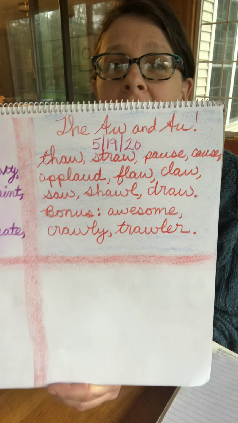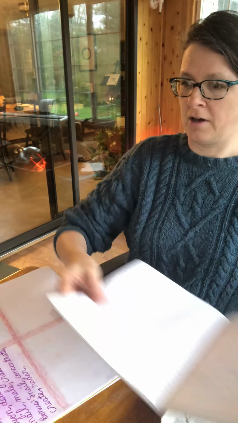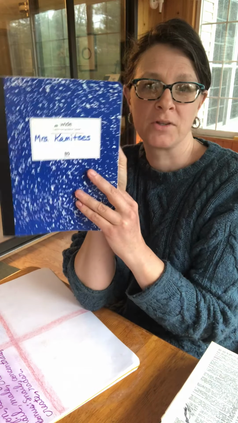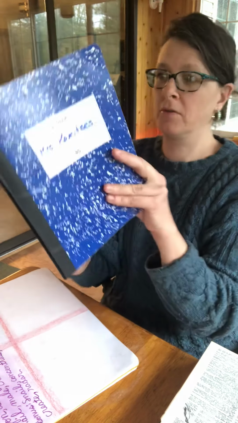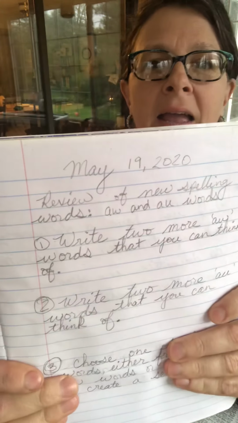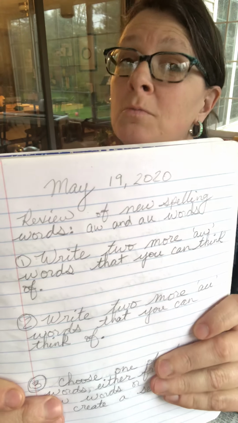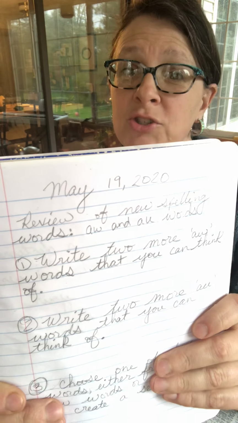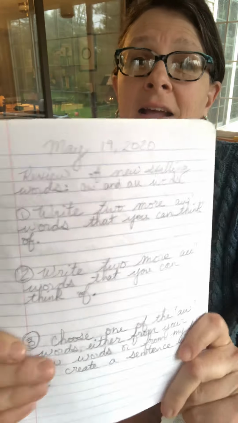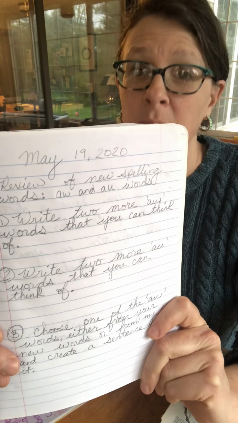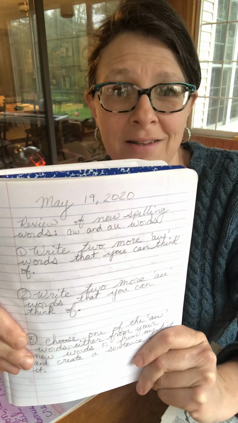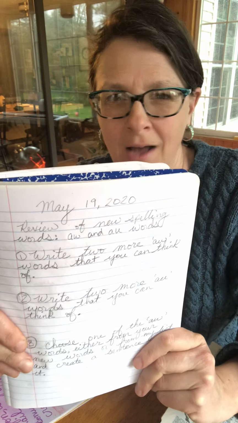All right, now it's time for the composition book. So in this composition book, we are going to write today's date, May 19th, 2020. Now, I'm going to make you write the questions and the answers to practice your writing, because writing is like riding a bike, kind of.